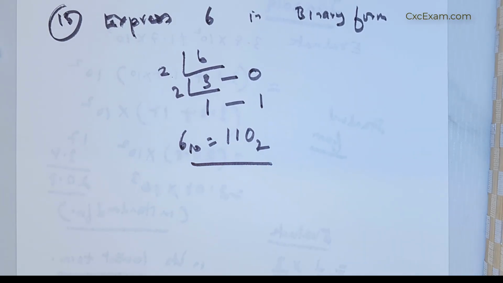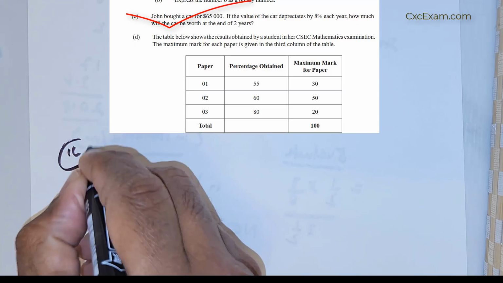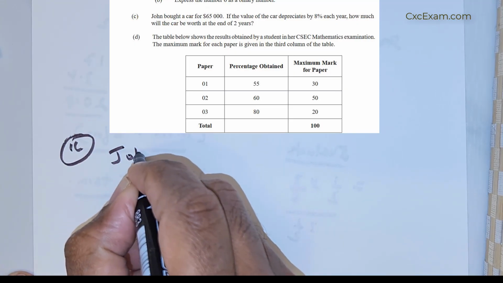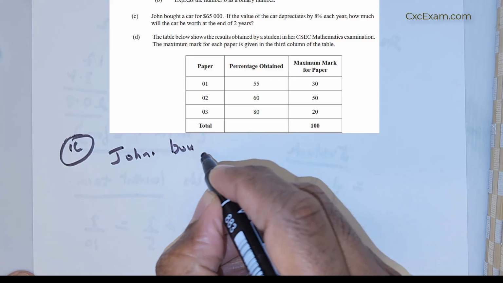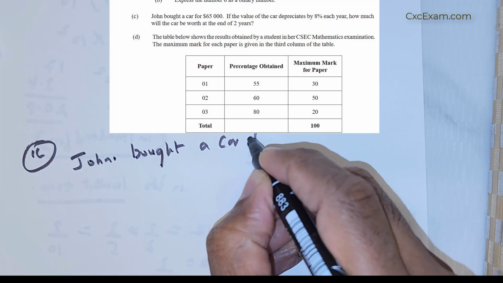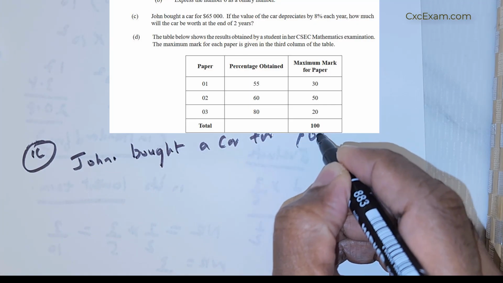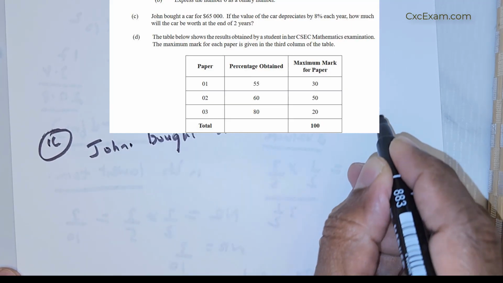So let's move on to the next question. This is question 1c. It says John bought a car for $65,000.